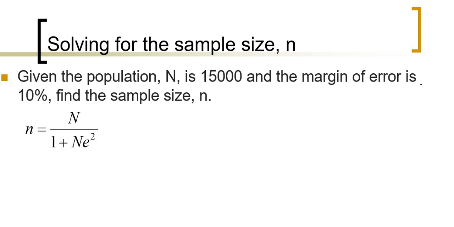Let's have another example. Given the population size is 15,000 and the margin of error is 10%, find the sample size n. So pause the video and try to solve for the sample size.